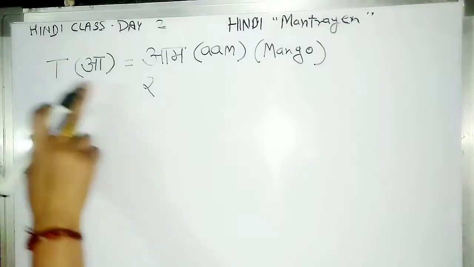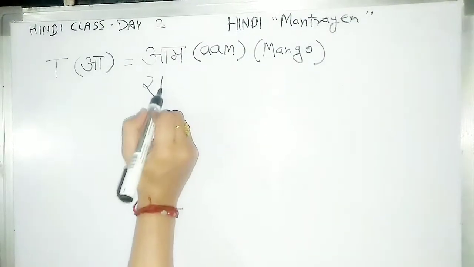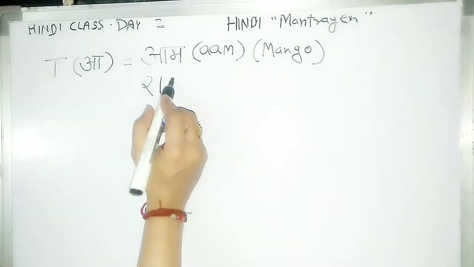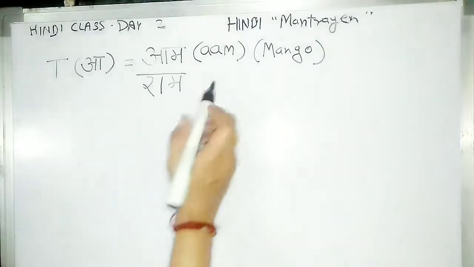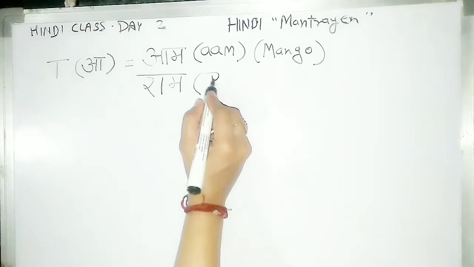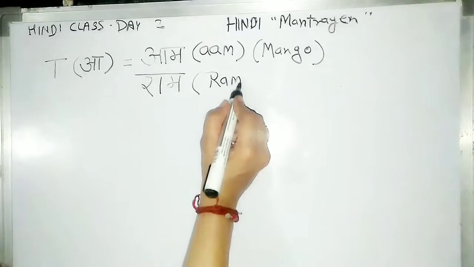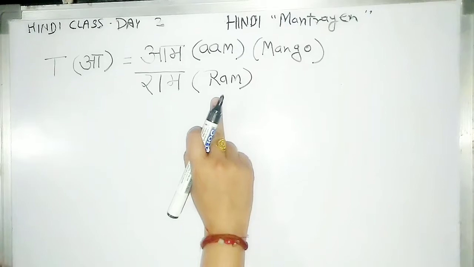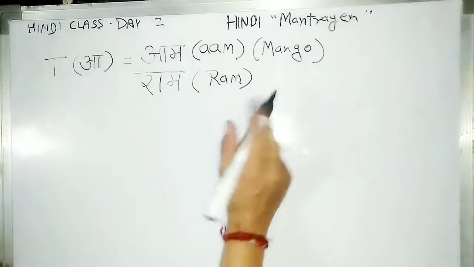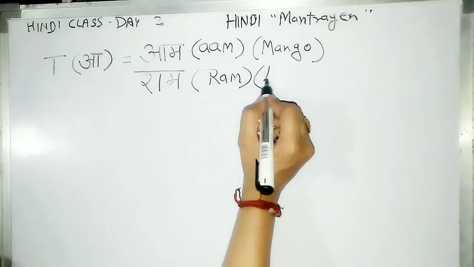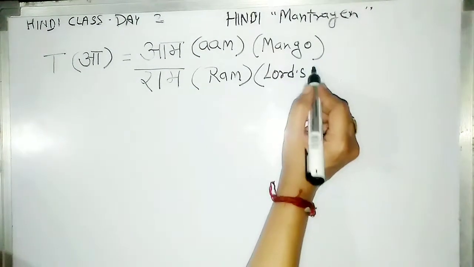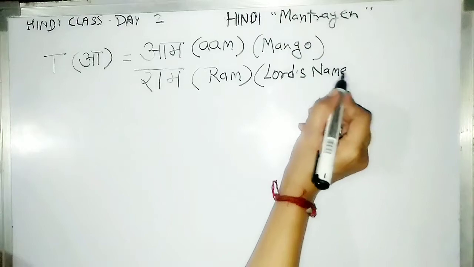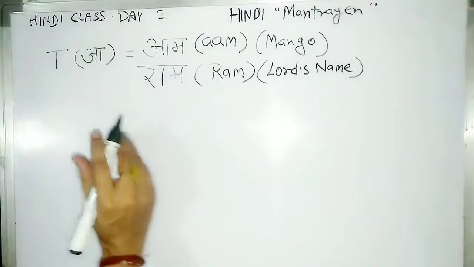The second one is with the matra of A. Make Ra, Ma, Ram. The spelling is R-A-M. Ram is a lord of India.